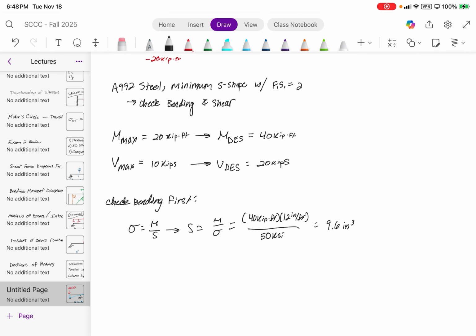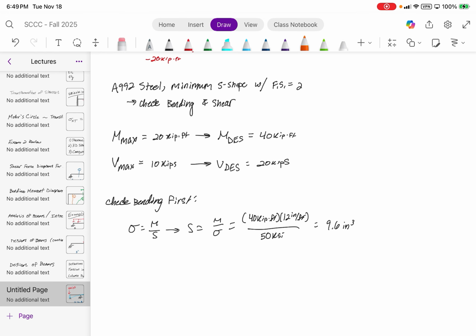All right, I don't have the table with me. I forgot mine at home, but what's an S shape that worked for you guys? W or S, sorry. I keep saying W shape because I'm so used to coming up with W shape problems.